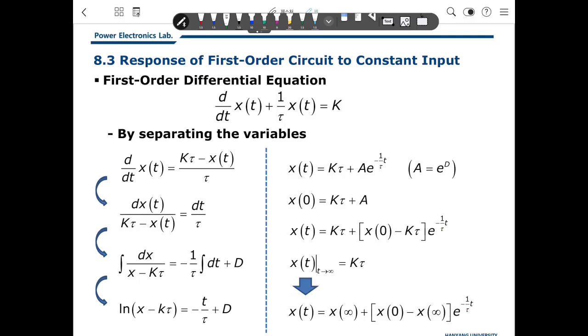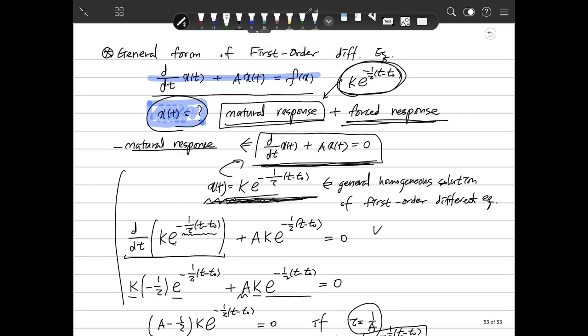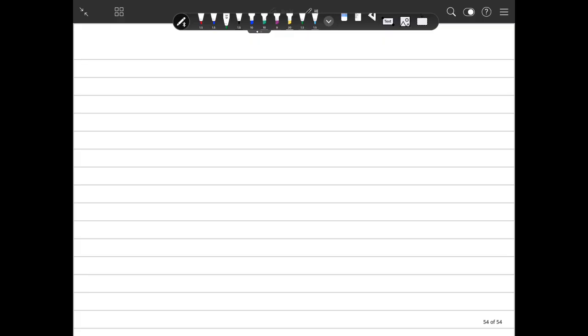In the case of the first order circuit with constant input, we will have a more general solution. This is how to solve this type of differential equation. We will use separation of variables.